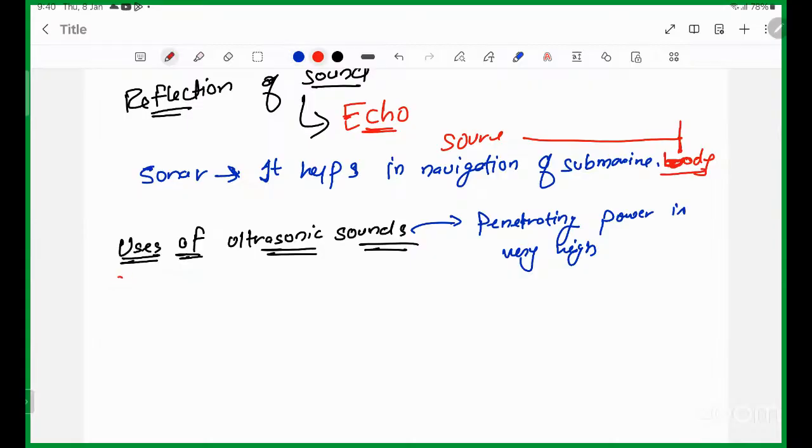It's usually produced by cats and dolphins. Also, it was used for gender determination, but that is banned.